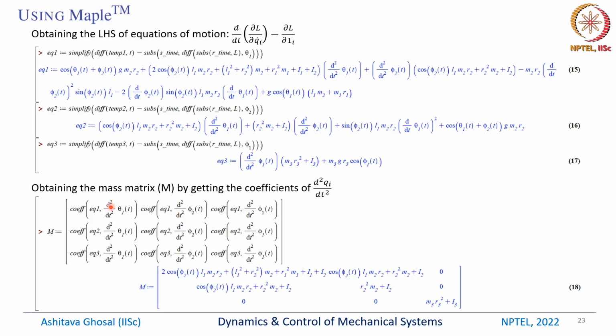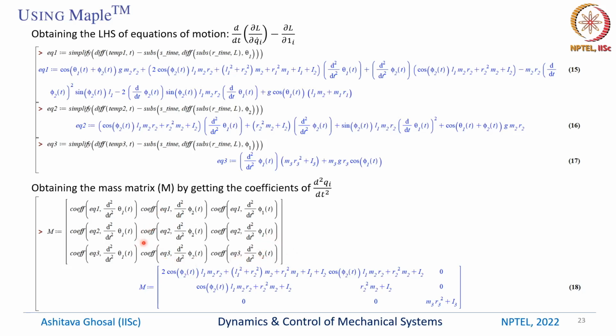This will be the first row of the mass matrix. The second row will be given by equation 2, and the third row will contain the coefficients of theta 1 double dot, phi 2 double dot, and phi 1 double dot in equation 3.